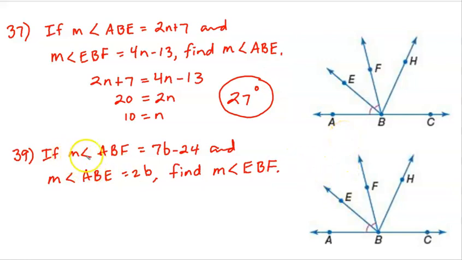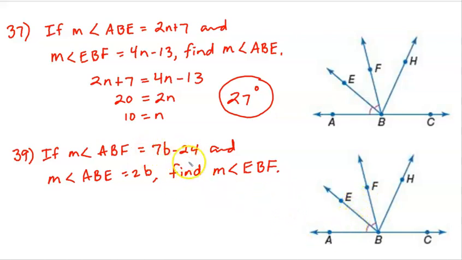All right, 39, the measurement of ABF is 7b minus 24, and ABE is 2b. Then what is EBF? Well, once again, we're working with the knowledge that these are the same.